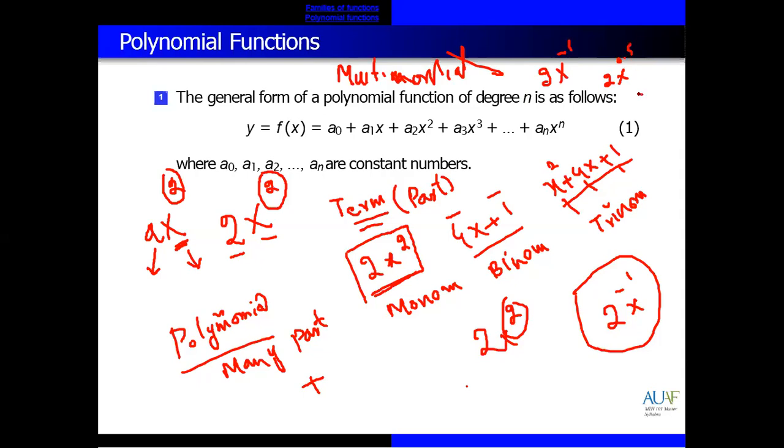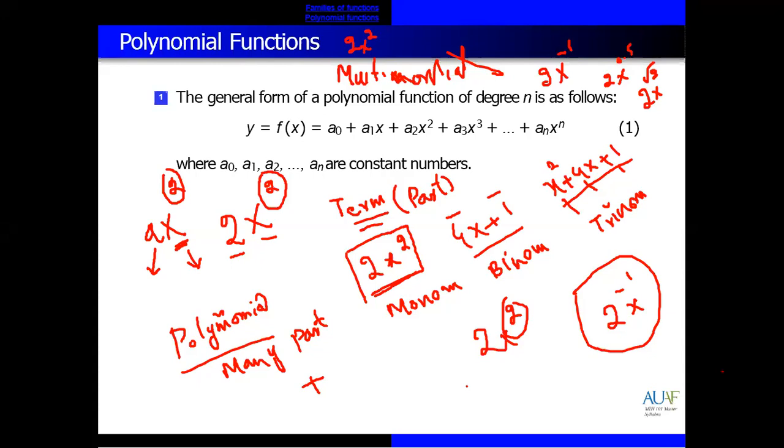The power may also be a root value, for example 2 root 3, any value. So for multinomial, positive is possible, negative is possible, 0.5 is possible, root is also possible.